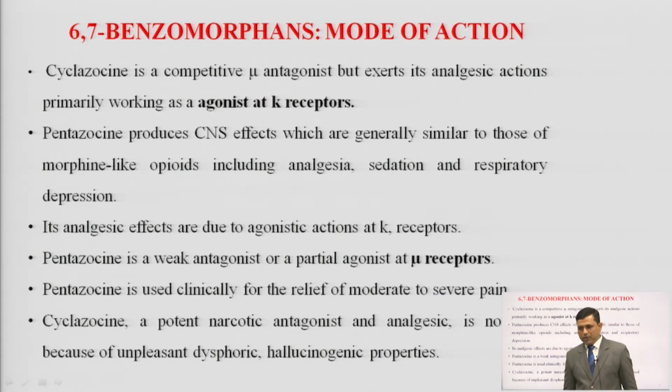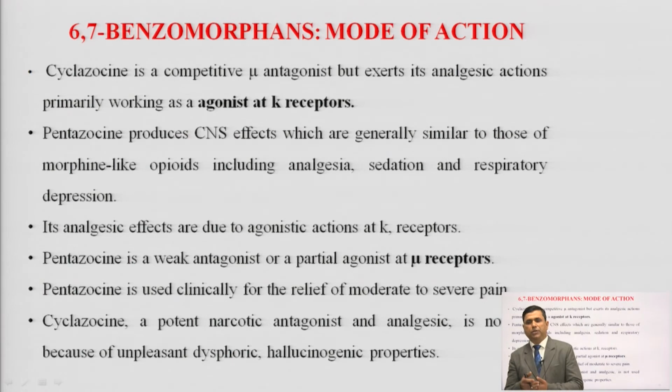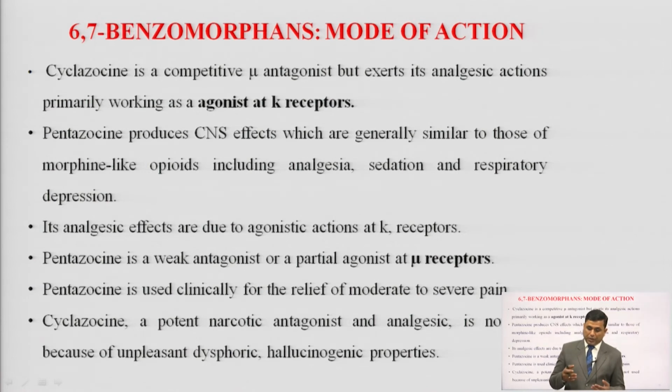Cyclazocine is a competitive antagonist of the mu receptors, primarily working as an agonist at the kappa receptor. So at different types of receptors it performs different functions, which is why we call it a mixed agonist and antagonist. It acts on mu receptors as an antagonist and on kappa receptors as an agonist. That is why we call it mixed.